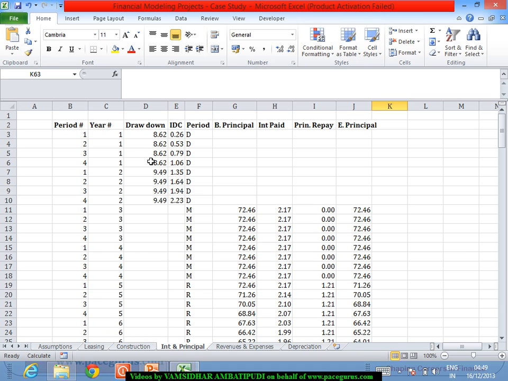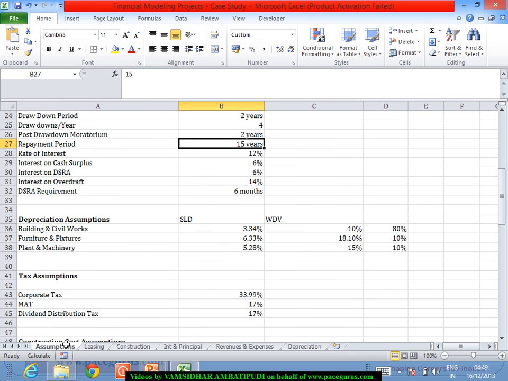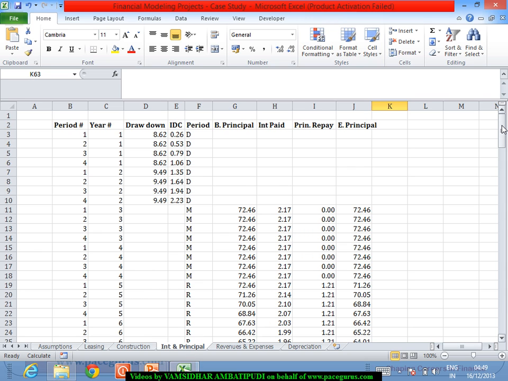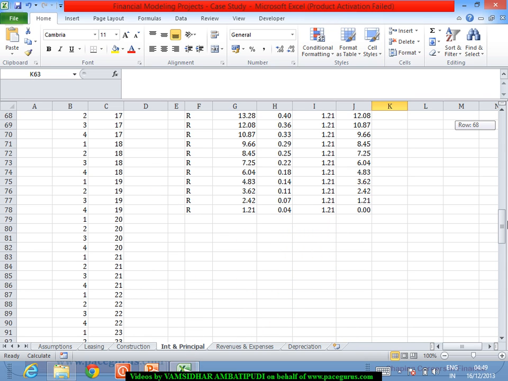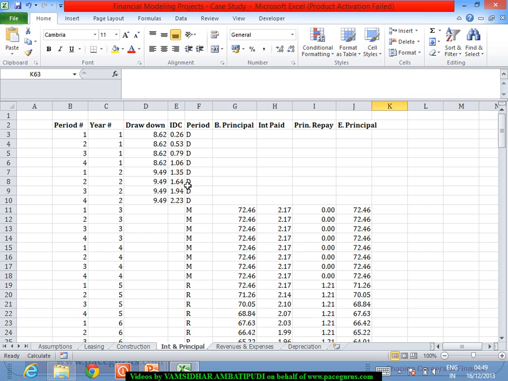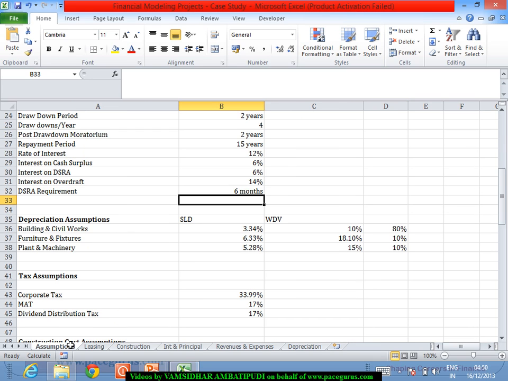So I have to change all those assumptions in my initial sheet at the construction stage also. That's the reason we got our hash value error. But all these scenarios can very well be checked out. If I go back, it will talk about 19 years altogether. So all these things can quite comfortably be adjusted or played around with once we visualize our formulas.